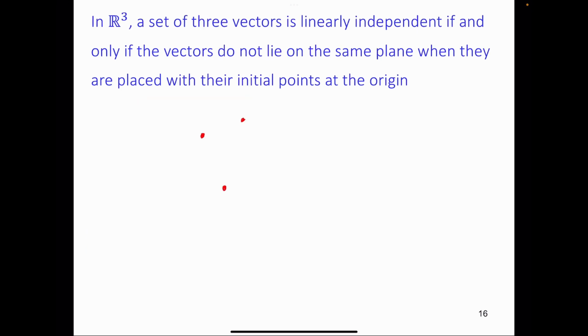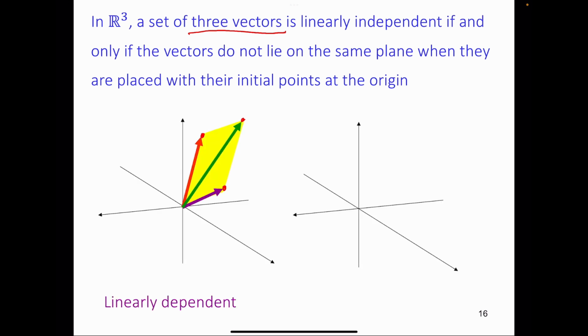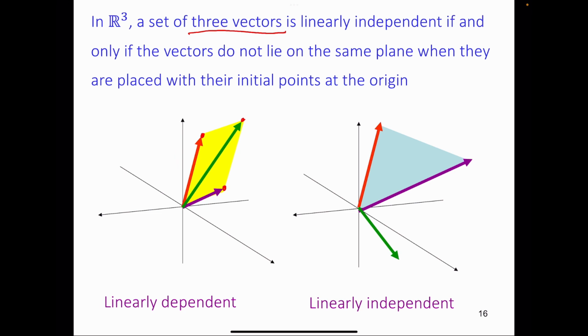Okay, for the three-dimensional Euclidean space, let us consider a set S with three vectors. So we are going to have these two pictures. The first picture represents a set S which is linearly dependent.